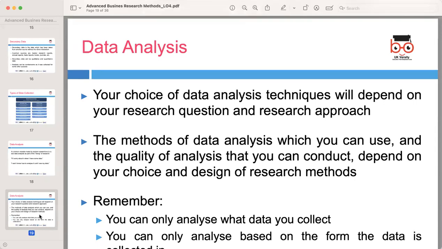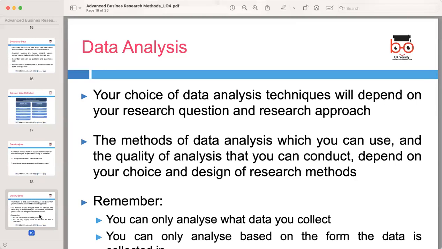Then second point, the methods and quality of data analysis are linked to your choice and design of research methods. Imagine you are conducting a survey to gather information from participants. The analysis you can perform is limited to the data you collect.